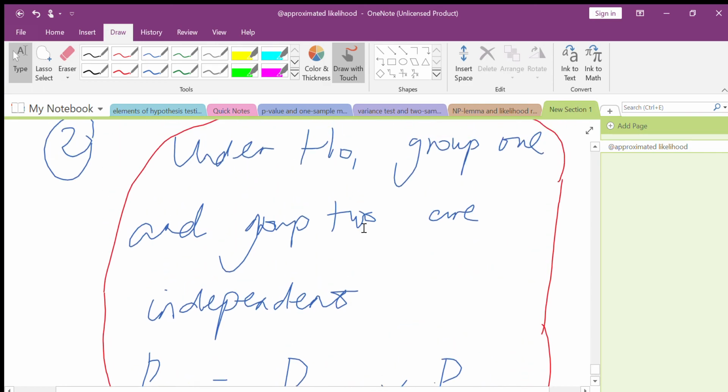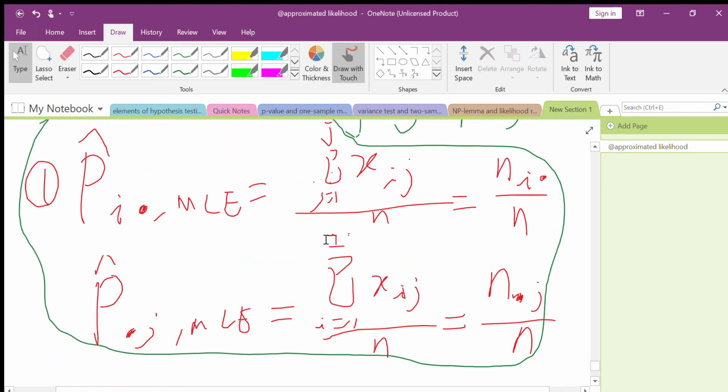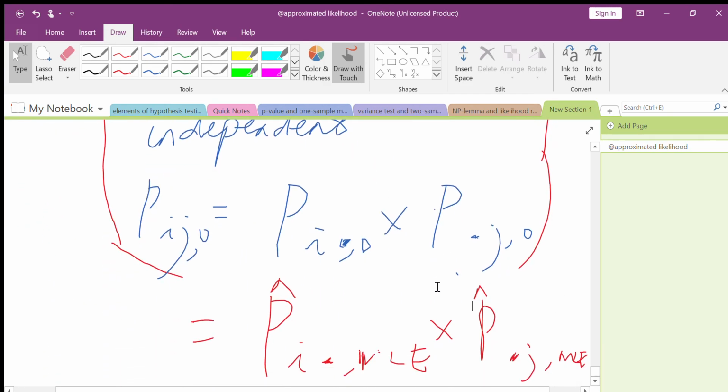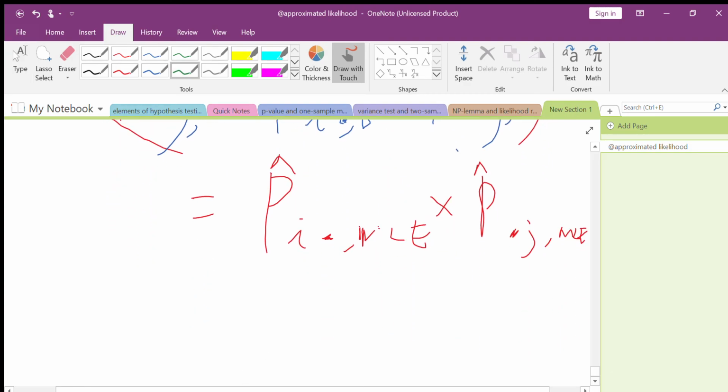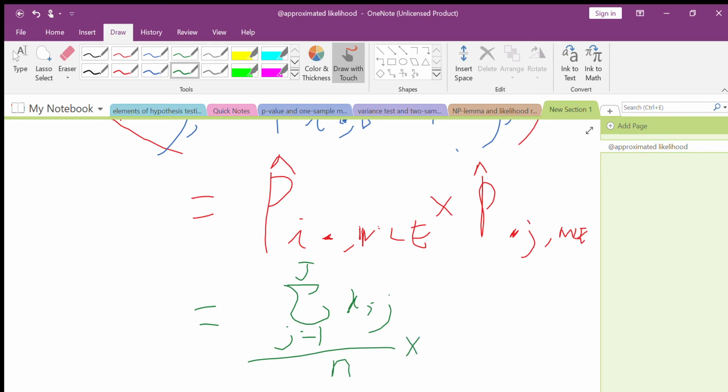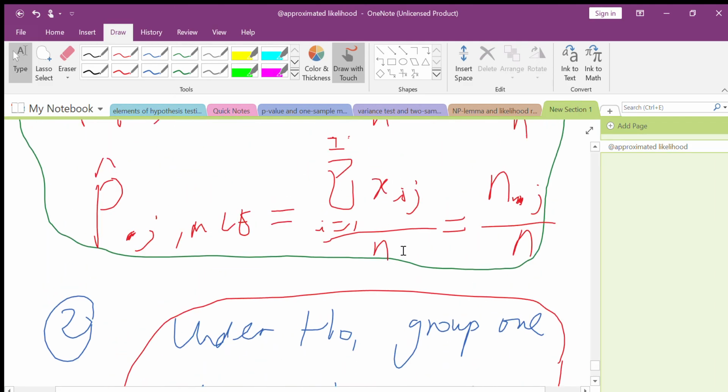So we have got this result. Just plug in: the summation j from 1 to capital J of small xij divided by n, times the summation i from 1 to capital I of small xij divided by n. We also gave them new notation.